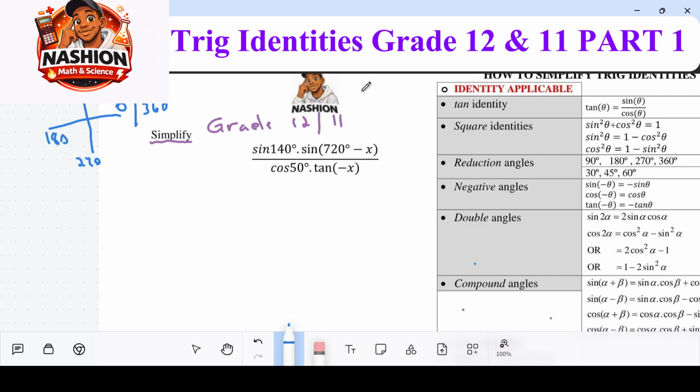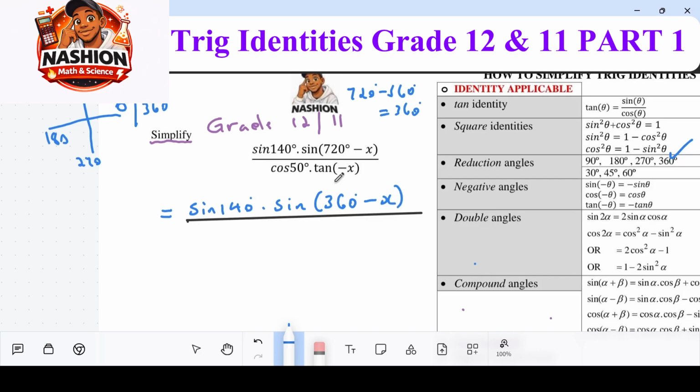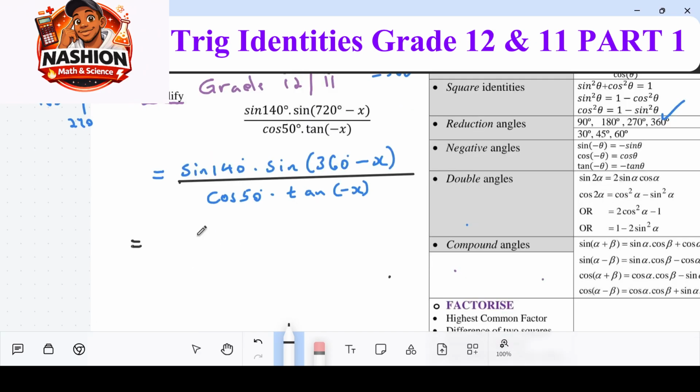When you say 720 minus 360, you will get 360. And 360 is the angle we know. We can work with that. So this whole expression can be rewritten as sine of 360 minus x all over cos 50 times negative 10x. So now we may start.